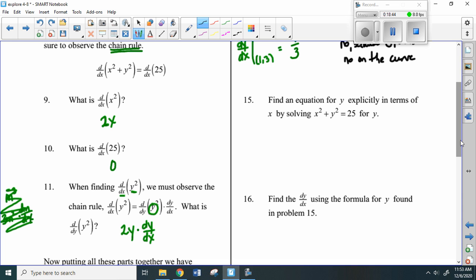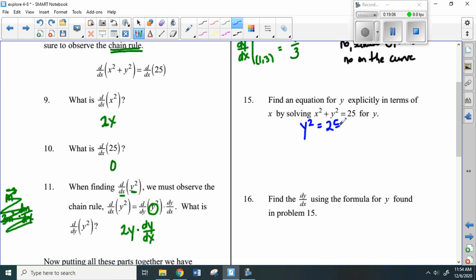All right, so we're taking a step back from the derivative for just a second, and I want us to solve for y. Remember, this is implicitly defined because y is not already by itself. They want us to get y by itself so that it is defined explicitly.